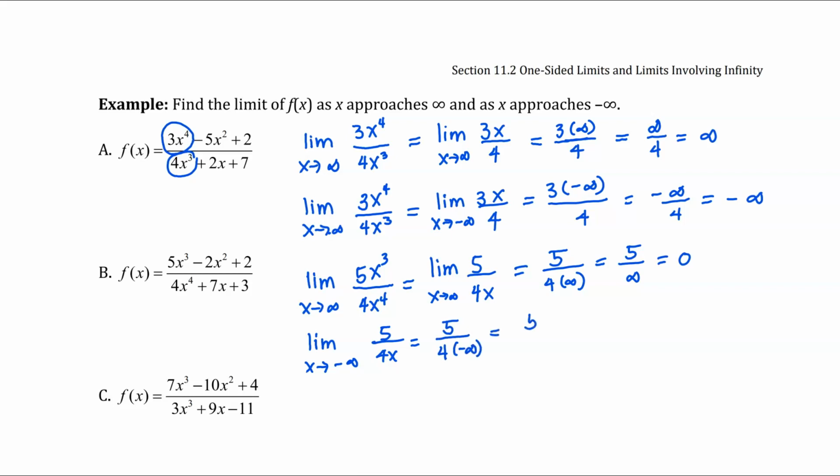So 5 over negative infinity is still equal to 0. In this case, we say that the limit here as x approaches either positive or negative infinity is 0. By the way, if this is the case, then we can conclude that y equals 0 is a horizontal asymptote.